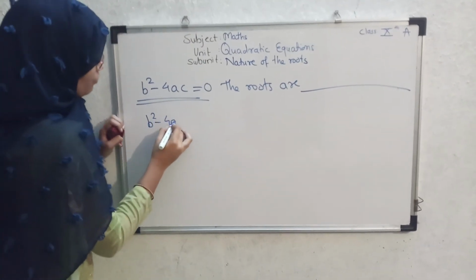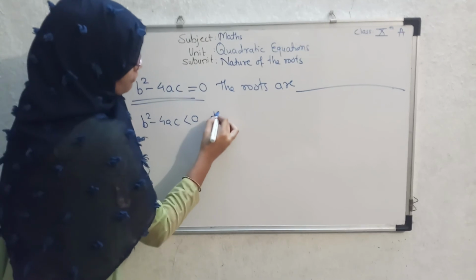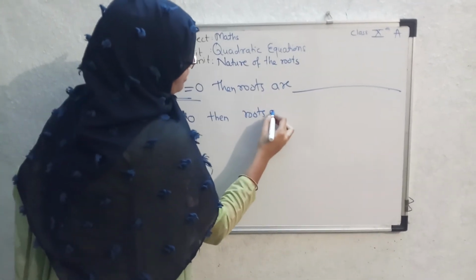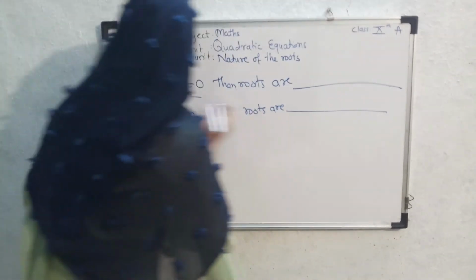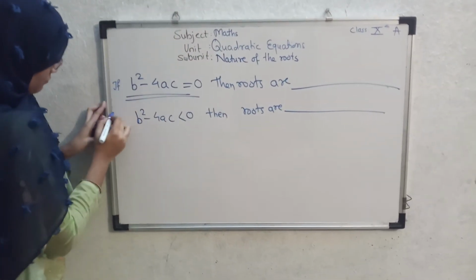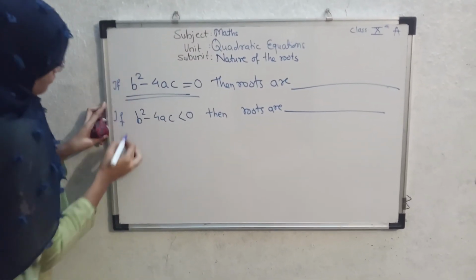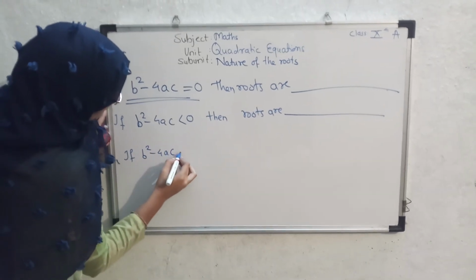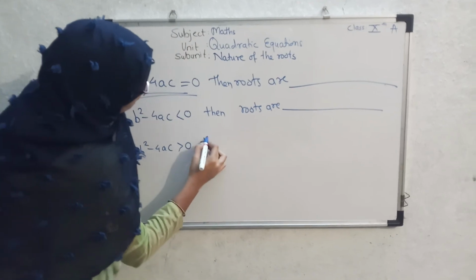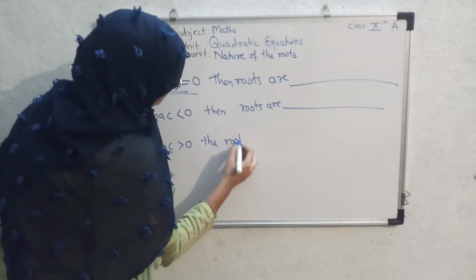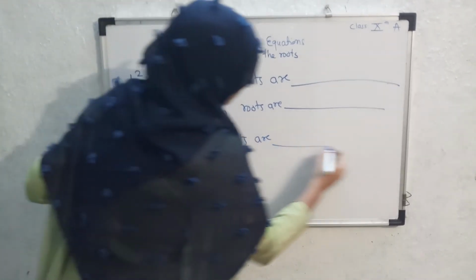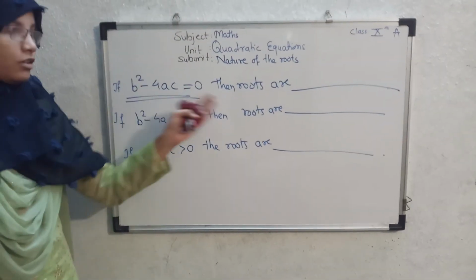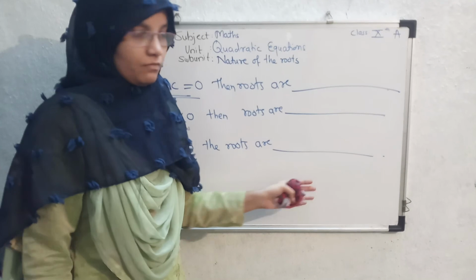If B square minus 4AC is less than 0, then roots are... If B square minus 4AC is greater than 0, then roots are... You have to fill in the blanks.